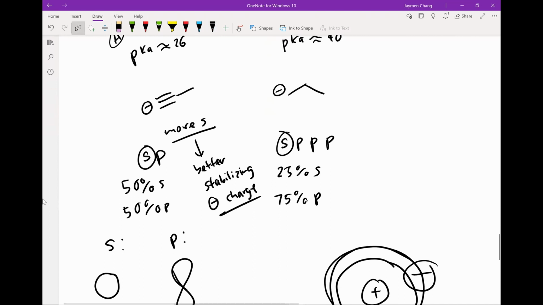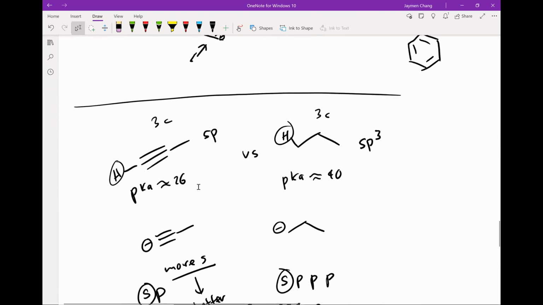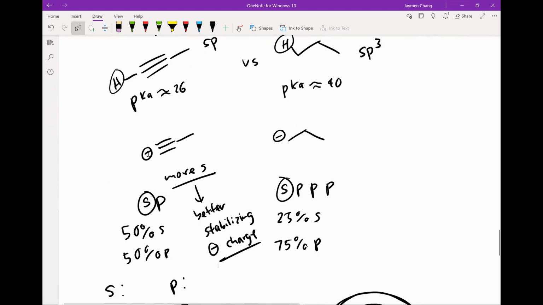Okay, so if you're asked these kind of questions where maybe there's no resonance, there's no aromaticity, it's just by itself, we want to think, okay, it has to do with S character hybridization. Okay, that's another common question that's asked in the exam as well.